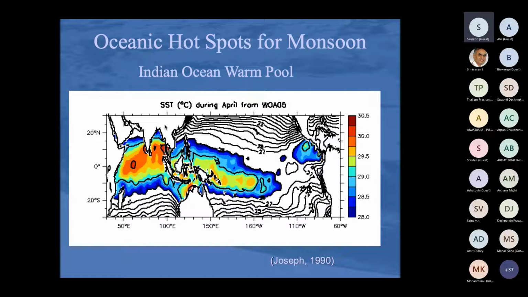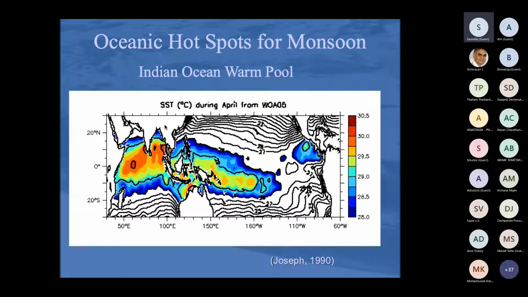And that's about 27.5 to 28 degrees centigrade. So this warm pool has a special place in tropical cloud formation like the intertropical convergence zone and so on. Owing to this reason, the warm pool has a lot of interest in monsoon science.